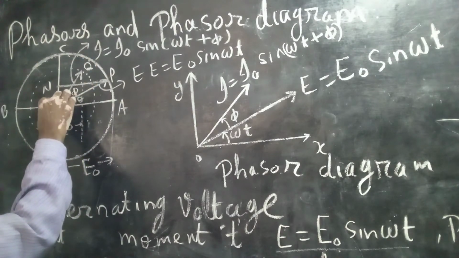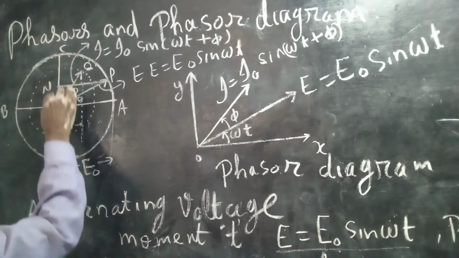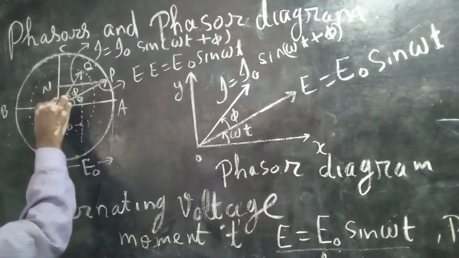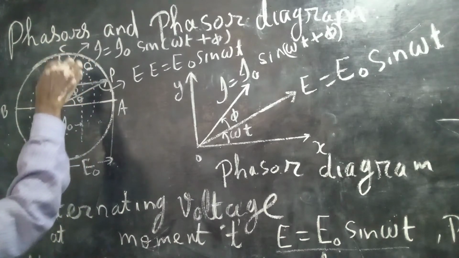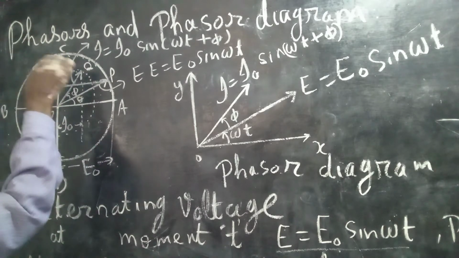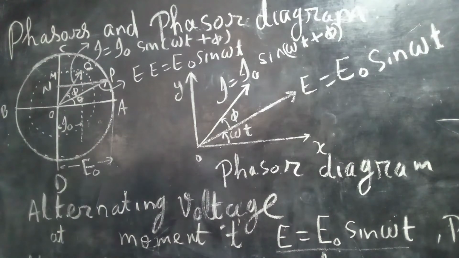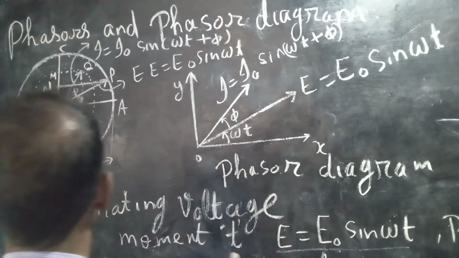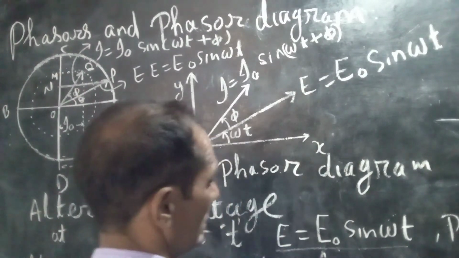Draw normals from its tail and head to the diameter CD. Then you get these two points, and this becomes the length of projection. Suppose OM. The length of projection OM gives alternating current at any moment t.